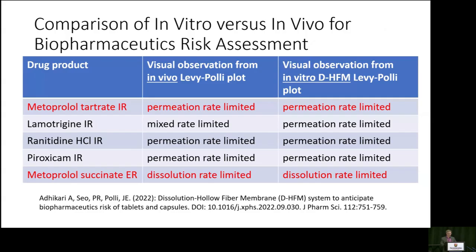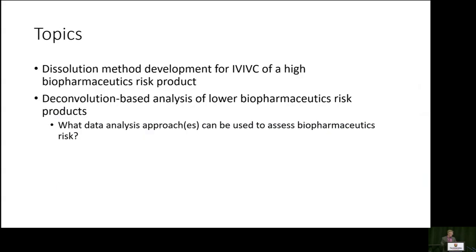For drugs with known pharmacokinetics, we've done in vivo analysis as well as in vitro analysis, and we see good concordance, for at least these simple formulations, between what's observed in vivo clinically and what this apparatus is able to anticipate in terms of biopharmaceutic risk. Okay, so those are some discussions about a high risk type of product and lower risk products. Thank you very much.